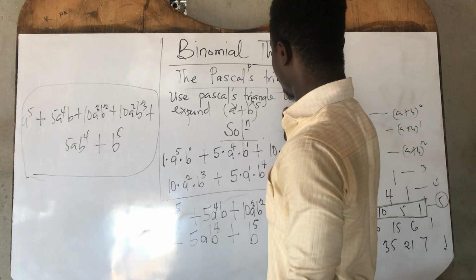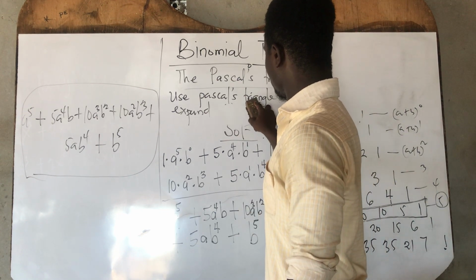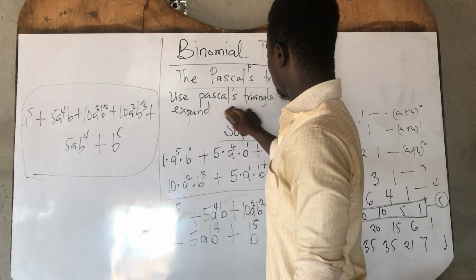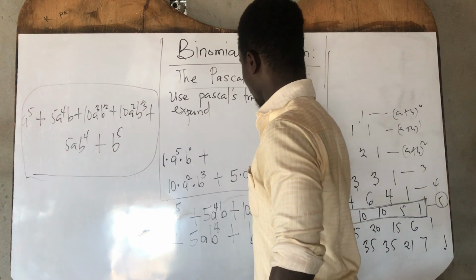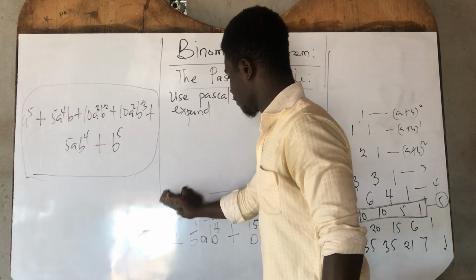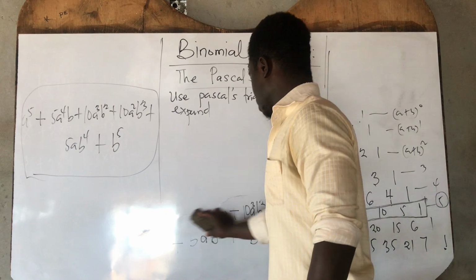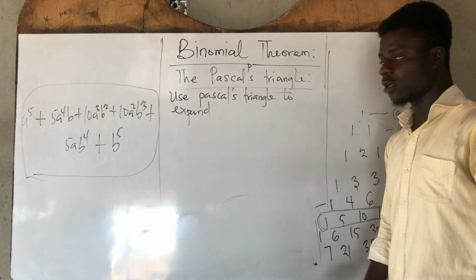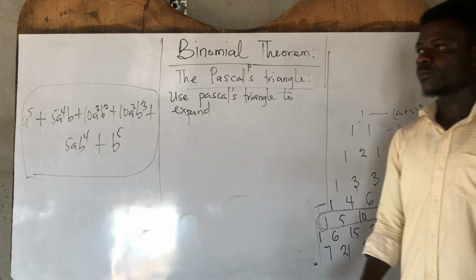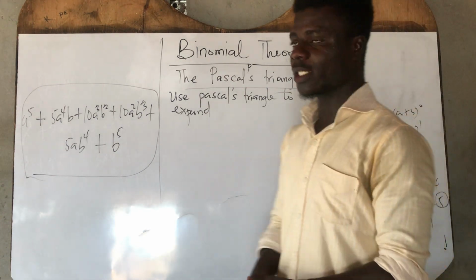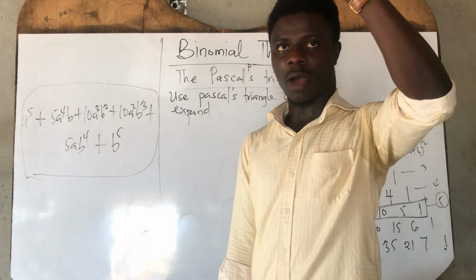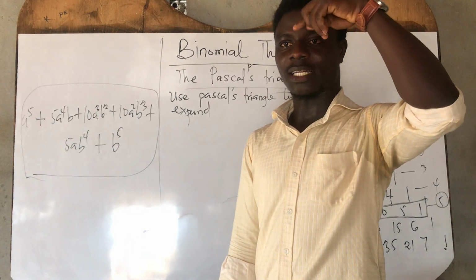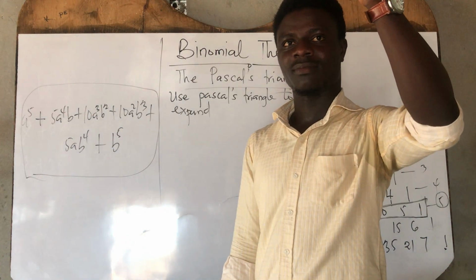So now, let's see another one. I always tell you that for this Pascal's triangle, you have to take notes. When they give you the question, check the power. Is it more than 7?